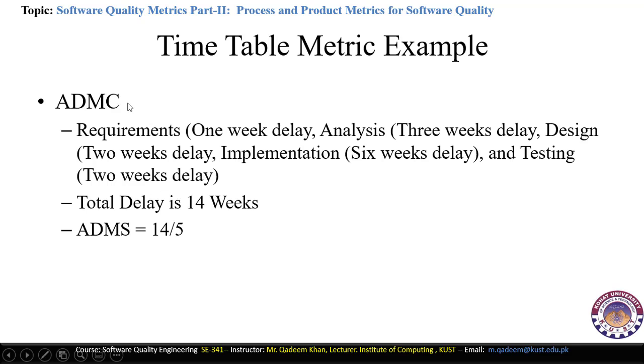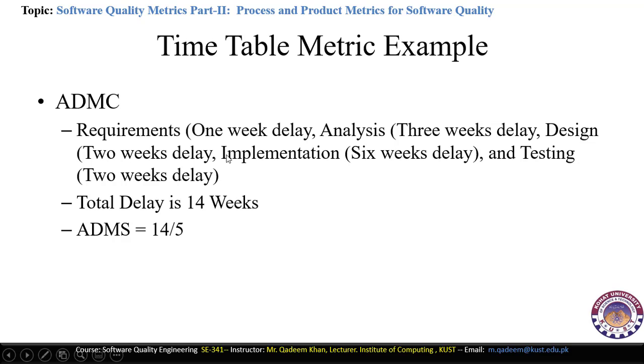Similarly, we have the ADMC metric that is in fact used for scheduling purposes. For example, requirements have 1 week delay, analysis has 3 weeks delay, design has 2 weeks delay, implementation has 6 weeks delay, and testing has 2 weeks delay.